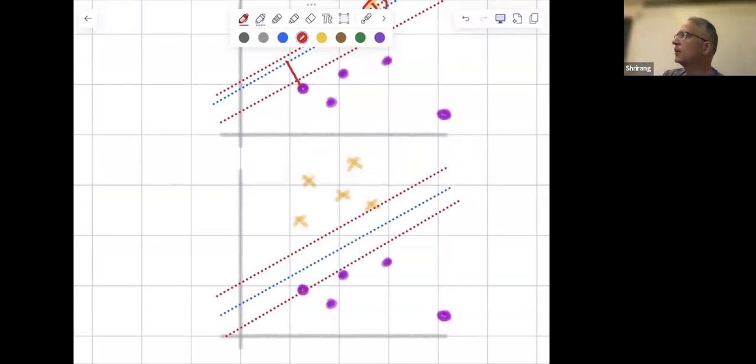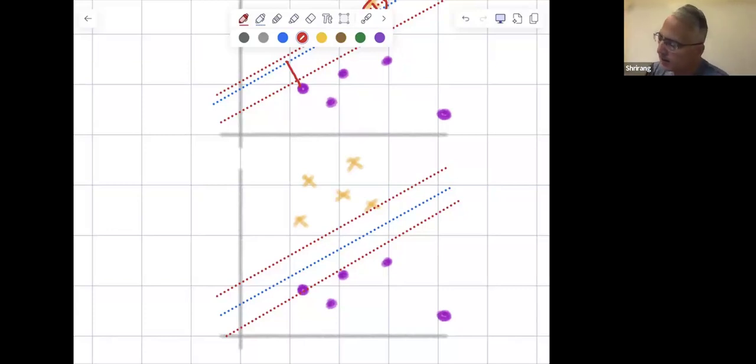So the ideal scenario is the minimum distance to one side is equal to the minimum distance on the other side, right? Why is that? Because I want the maximum minimum distance. The minute I move the blue line up or down towards one or the other, my minimum distance is reduced and I want to maximize it. If I want to maximize it, it has to be between the two red lines, right?